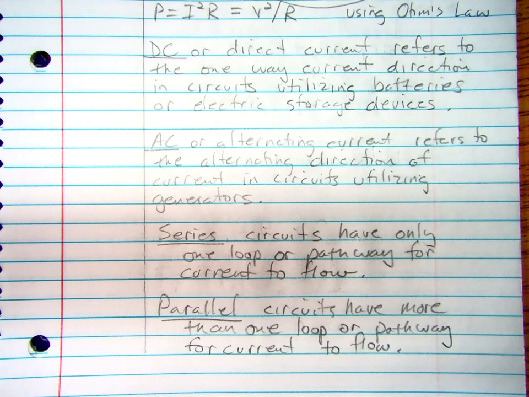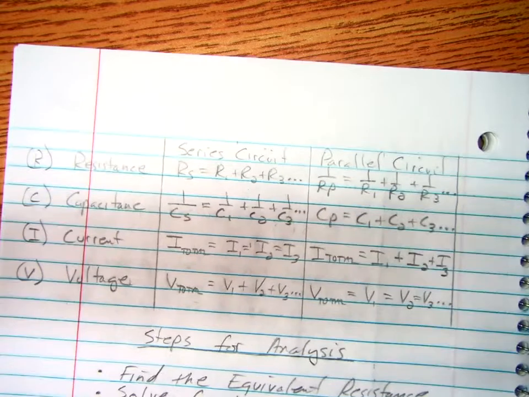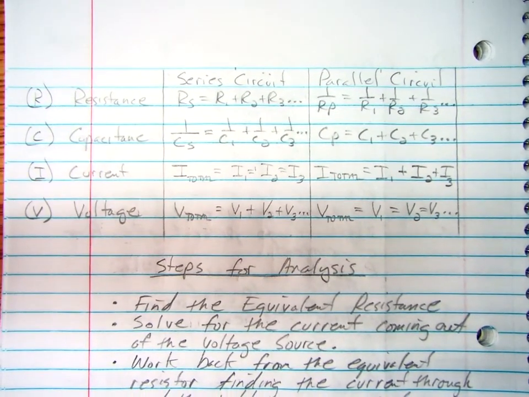In a parallel circuit, the current goes into the parallel part, and then it has to choose a pathway. And then at some point, a junction, all the current comes back together and leaves the parallel part of the circuit. Okay, we have our summary over here of our characteristics of series and parallel circuits.